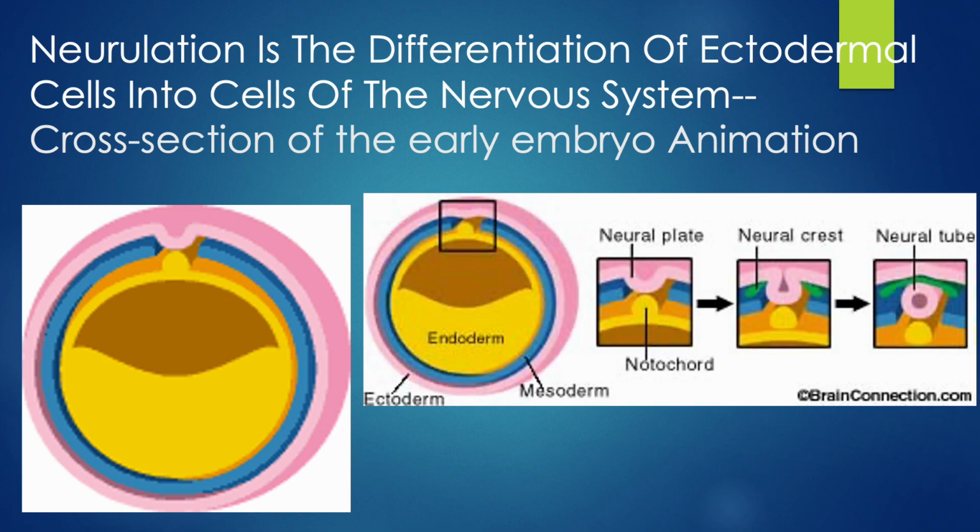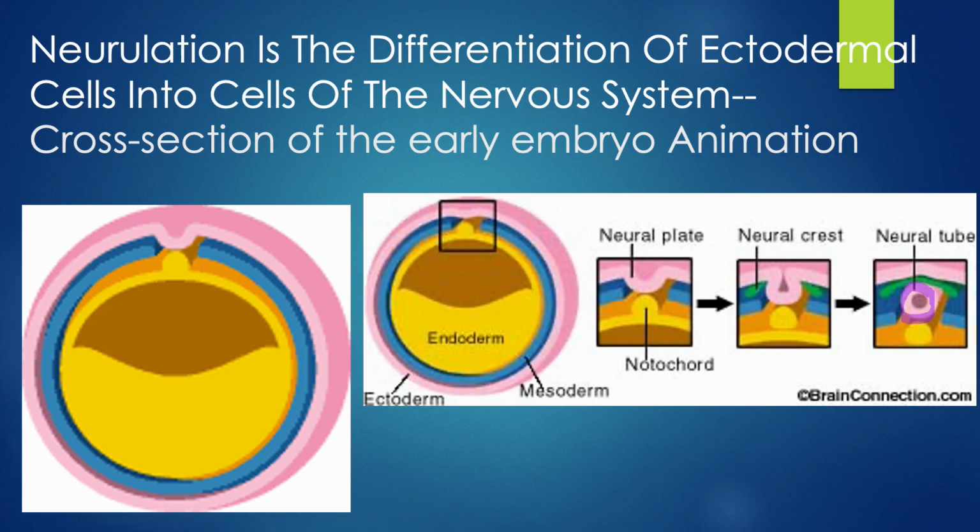And we start with the ectoderm, the mesoderm is the middle layer, and the endoderm. And you can see that ectoderm pinches off into two parts. And the little circle right here, that pinches off becomes the neural tube.